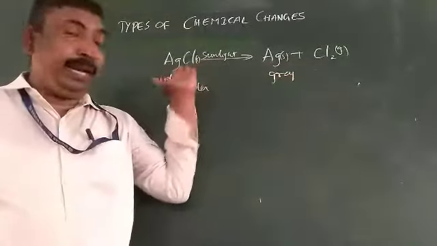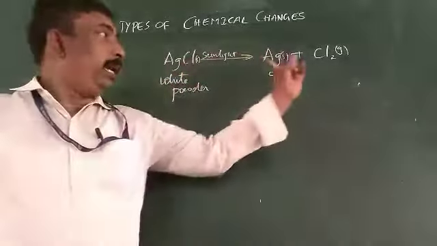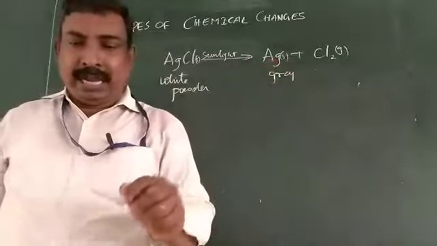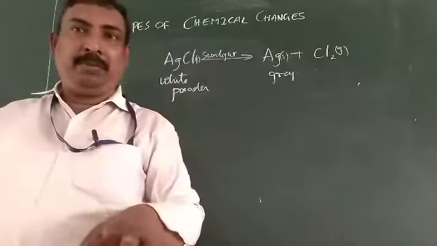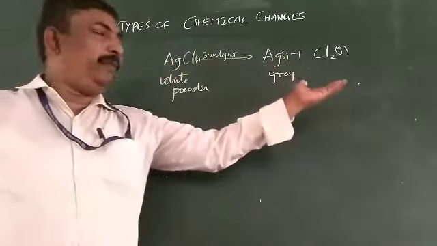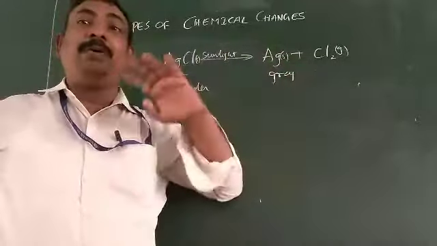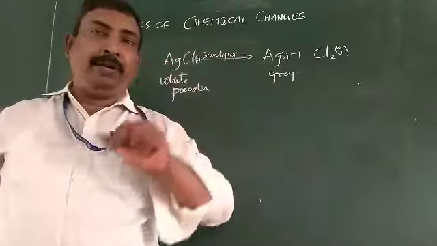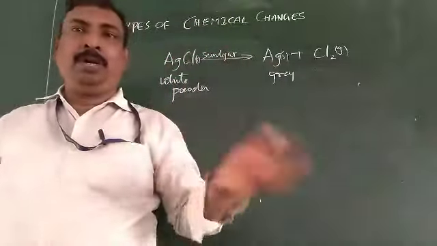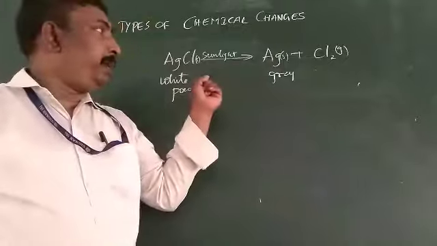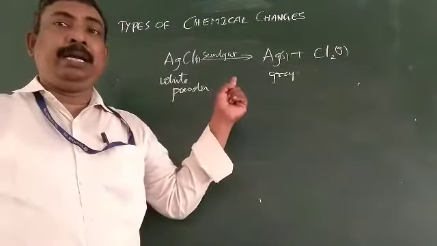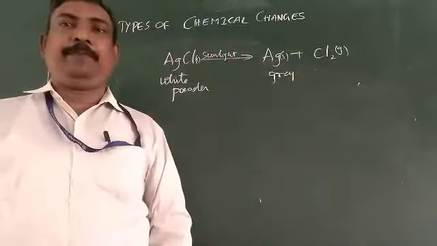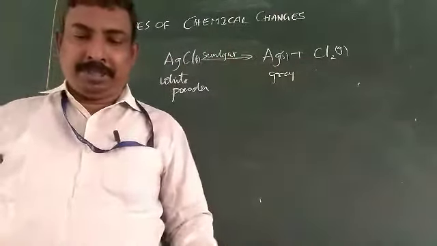And how many products are there? 2. And they asked us to identify the type of chemical equation. This is very important. Whatever chemical equation we have written, we should identify it out of these 4, and exothermic or endothermic, whatever it may be. So what type of chemical reaction is this? It is a chemical decomposition reaction.